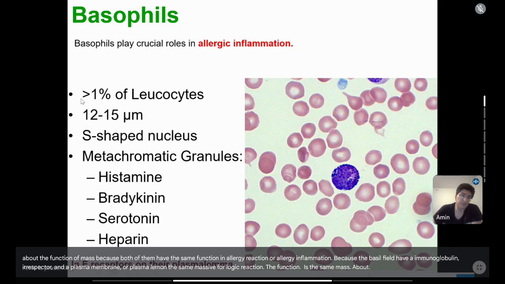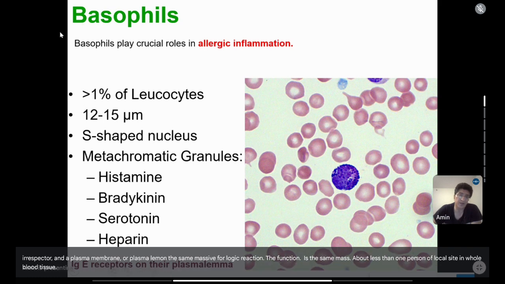About less than 1% of leukocytes in whole blood tissue. The size of basophil, the same as eosinophil and neutrophil, is 12 to 15 micrometers in diameter.